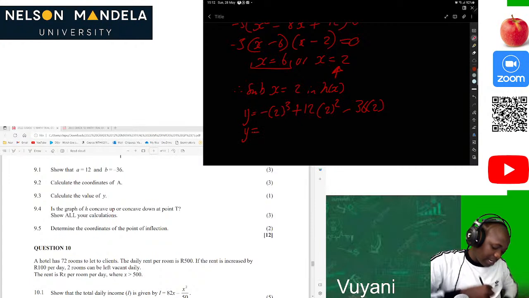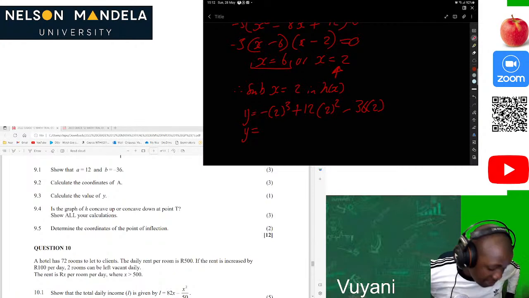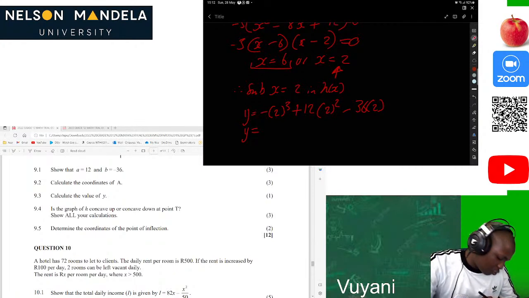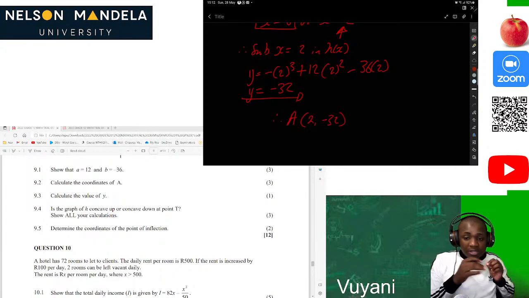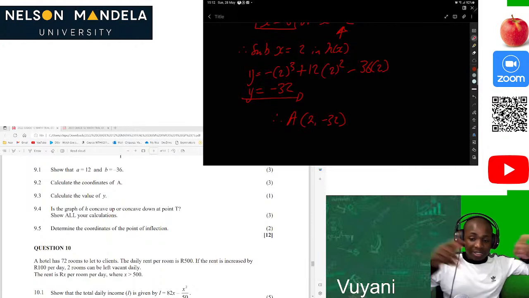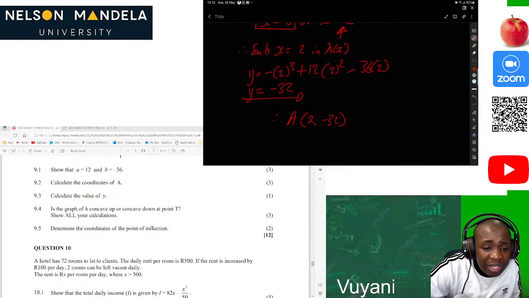Then with our calculator, 2 cubed is 8, 2 squared is 4, 4 times 12 is 48, minus 36 times 2, that's 72. Then we use our calculator and we should get negative 32. Therefore A will be (2, negative 32) because it's the turning point coordinate. So please don't make mistakes. This question was so super nice and so easy. This is how we collect all the marks without wasting time.